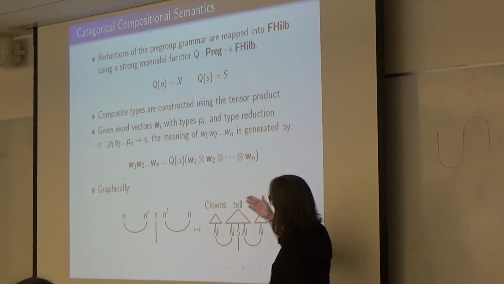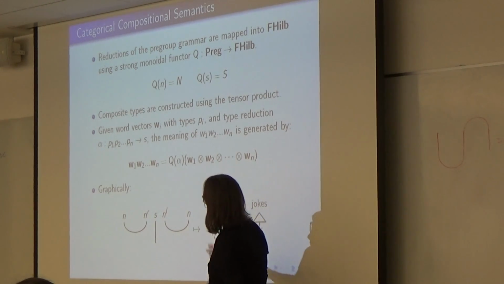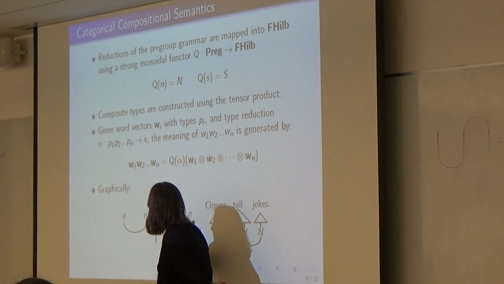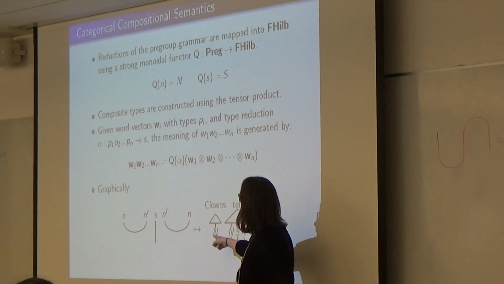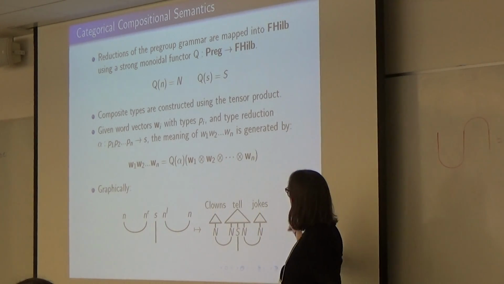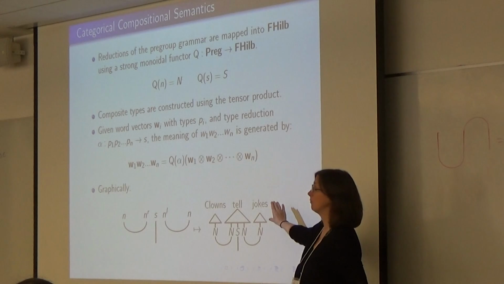Graphically, we've got this transitive sentence reduction here, and this maps into a vector space reduction here.